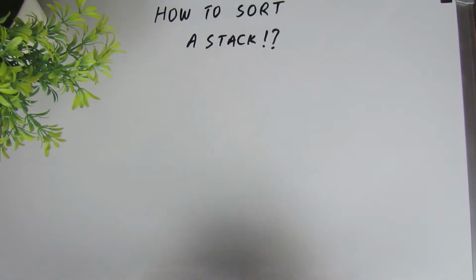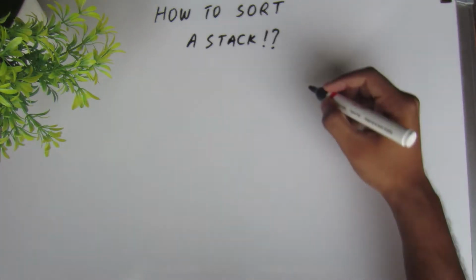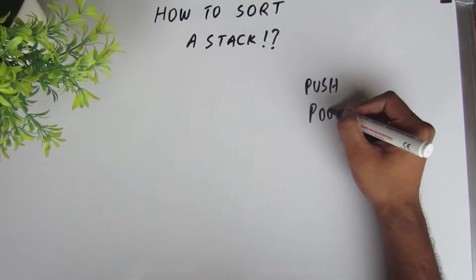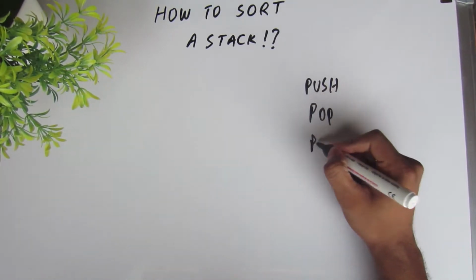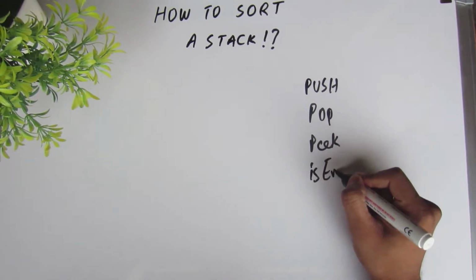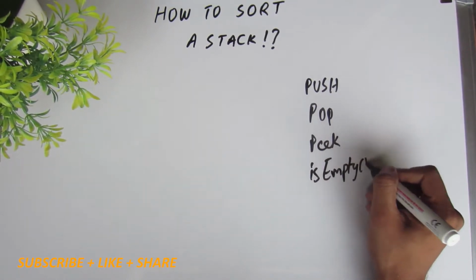That means we can use more than one stack, and also we have to use only the operations which are performed on a stack, like push, pop, and peek or is empty, etc., which are available generally on any stack.